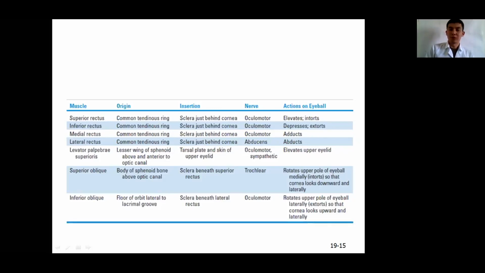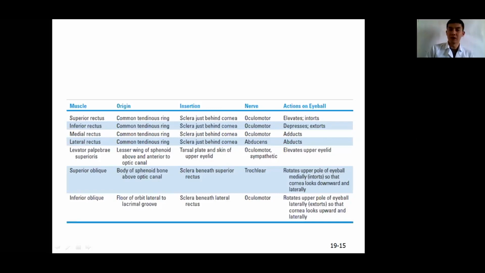First, the superior rectus muscle elevates the eyeball and together with the superior oblique muscle provides intorsion. The inferior rectus muscle depresses the eyeball and together with the inferior oblique muscle provides extorsion. Medial rectus provides adduction, lateral rectus provides abduction.